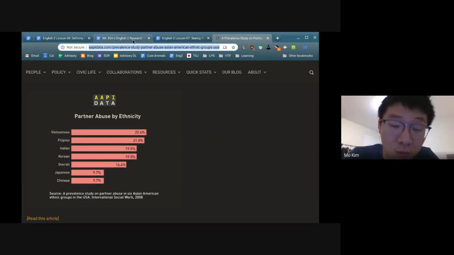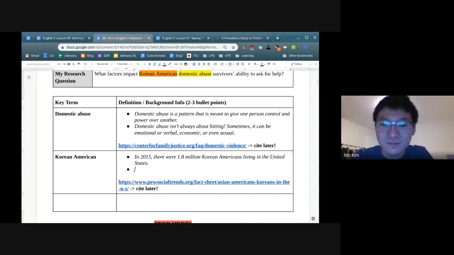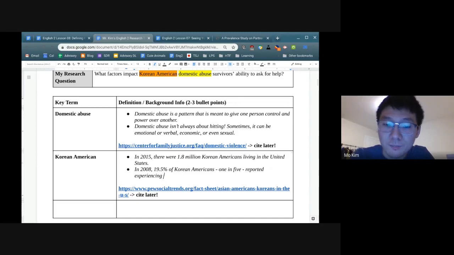So that's actually about 1 in 5 people, which is a shockingly huge number. So in 2008, you can say 19.5% of Korean Americans, 1 in 5, reported experiencing domestic violence in their relationships.